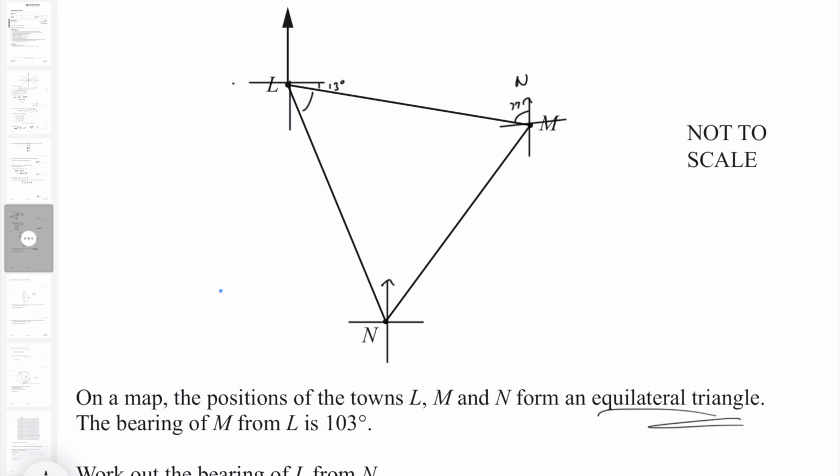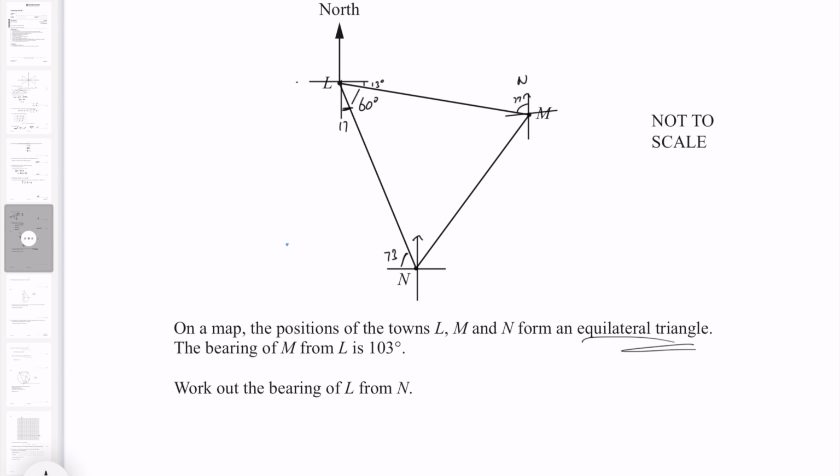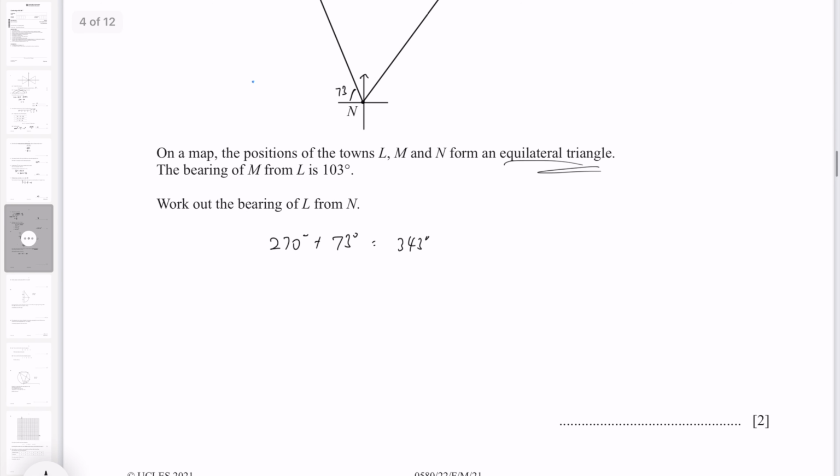Equilateral, which means the inside is 60. 13 plus 60, that's 73. So this here is 73. Got it. So the answer is just 270, which is the 3 quadrants added with that 73. 343 degrees. All right, that's it.